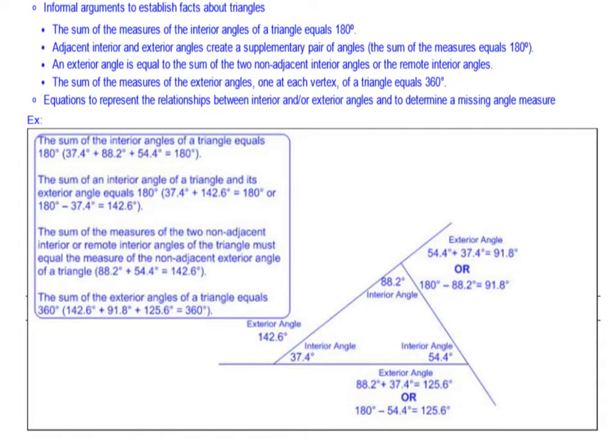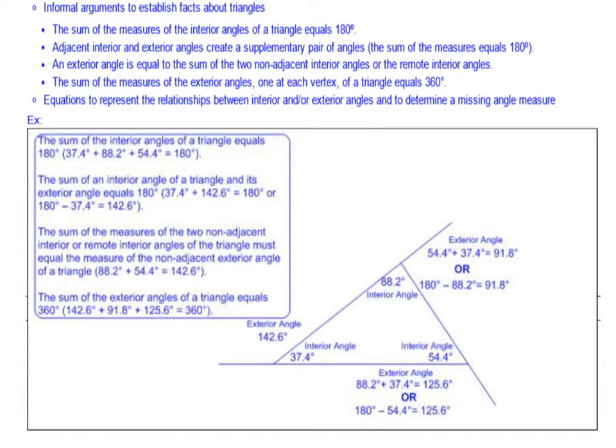Okay. The sum of the measures of the two non-adjacent interior, or remote interior, angles of a triangle must equal the measure of the non-adjacent exterior angle. Let's see what they mean by non-adjacent exterior. We have 88.2 and 54.4.